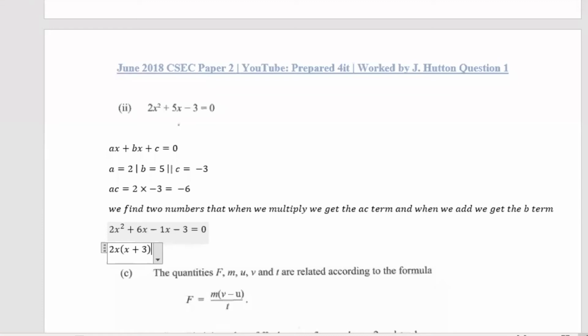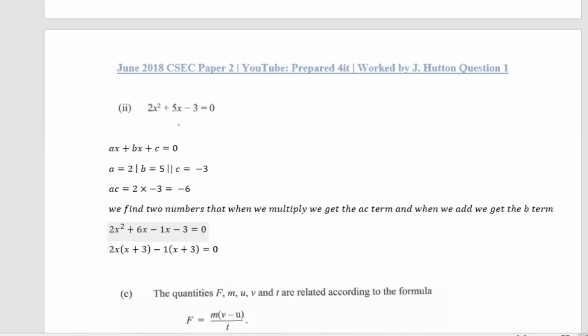And then for these last two terms, -1 into -1x will leave us with a positive x, and -1 into -3 will leave us with a positive 3. Remember that when you divide a negative number by a negative number, your answer is positive. And again, just as before, what we do now is to put our terms in brackets, or factorize again.